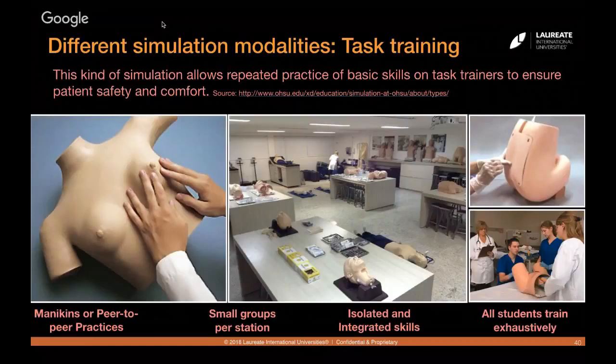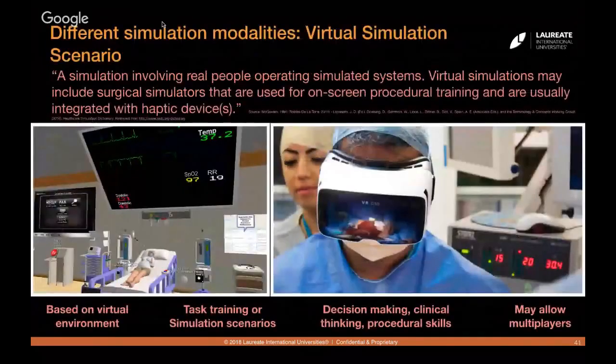We are going to talk about this further in some minutes, but just keep in mind, when we talk about test training simulation, we are talking about exhaustive practice, exhaustive training, because we want our students to develop mainly psychomotor skills, okay?